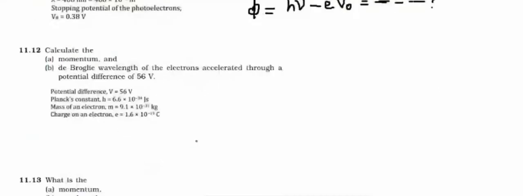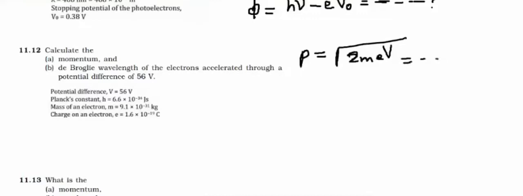Question 12. Calculate momentum and de Broglie wavelength of the electrons accelerated through a potential difference of 56 volt. About momentum, we have a direct formula: p is equal to under root 2meV. This formula you will get from the derivation of de Broglie wavelength of electron.